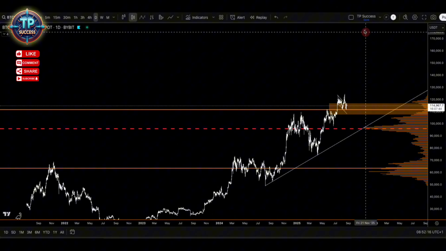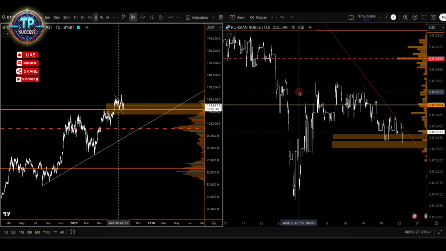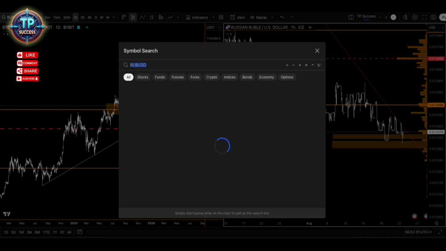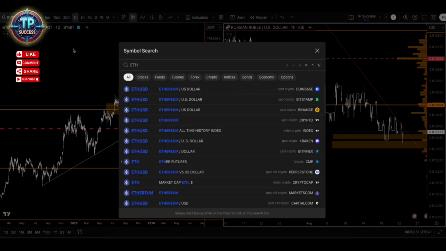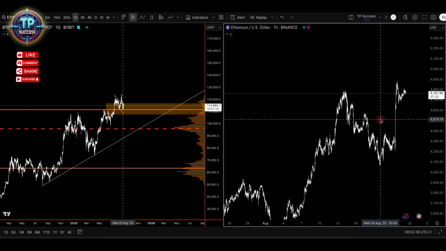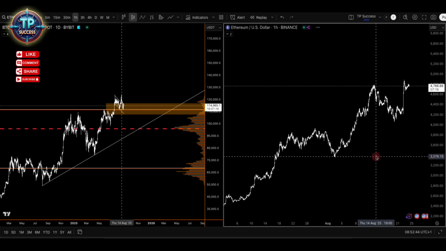So what I'm going to do is split the screen and bring on ETH. We're going to look at ETH on, say, Binance, and see what's going on there.